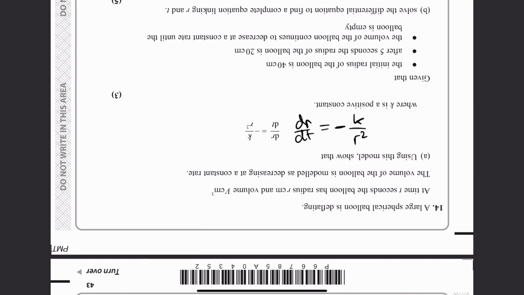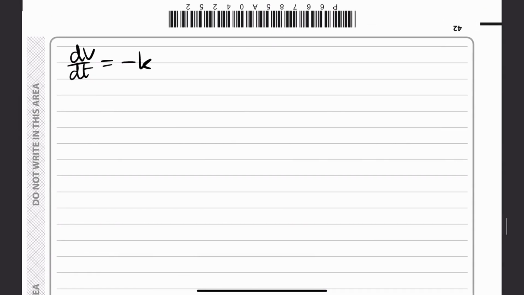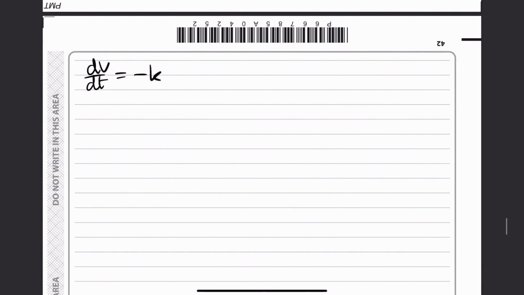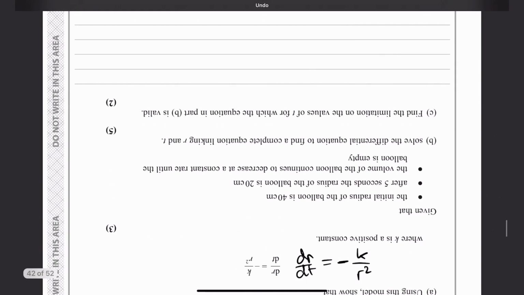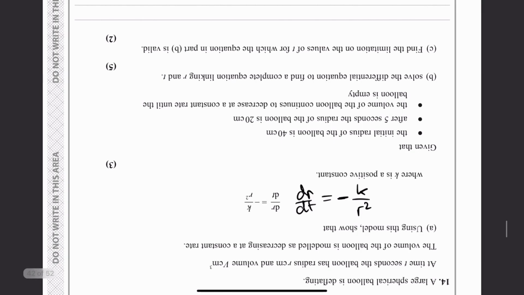Okay, I guess this is just an integral, so I can just solve it like a regular integral. But it wants me to show it in terms of dr and dt. So I probably shouldn't do that.